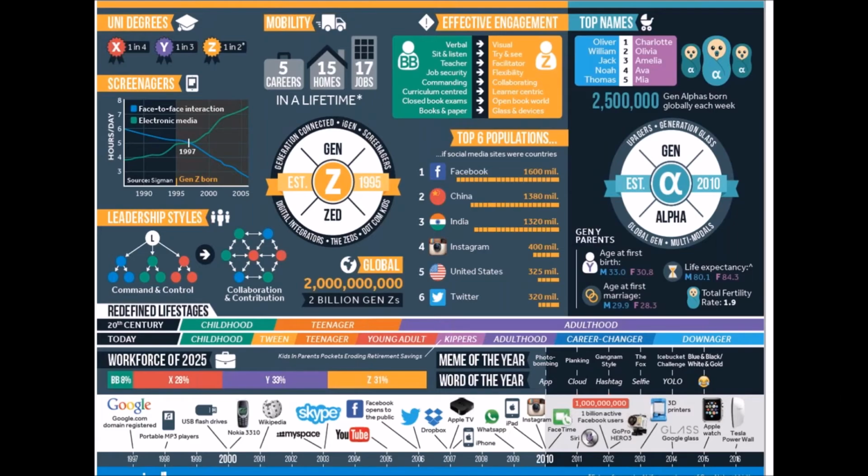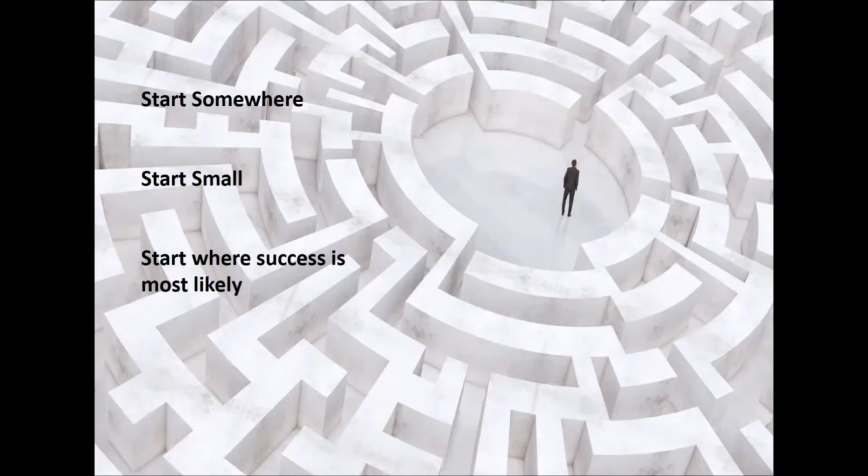I love this because it's showing some information about our Gen Z, the students in our schools at the moment, and of course our Alphas who are coming through as well, and some information about the workforce. But this is just a good example of an infographic that demonstrates how we've got some symbols and some numbers and images and that sort of thing. So I just popped that in there out of interest anyway.